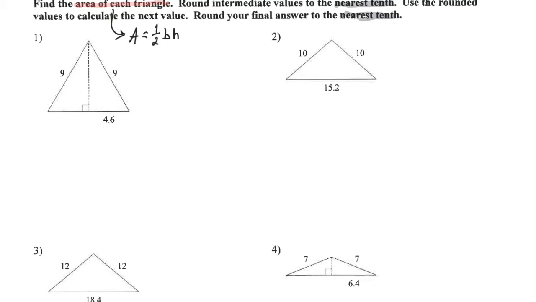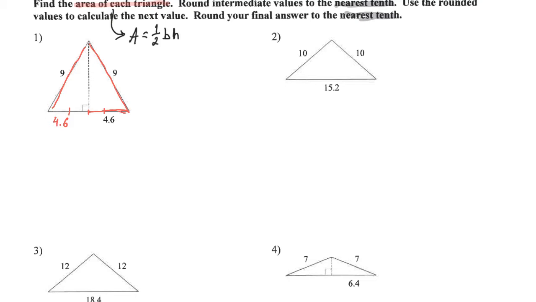Number one, first thing that I notice is that the 9 is the same on both sides. So this is an isosceles triangle, which means that these two parts are equal. So if this from here to there is 4.6, it's going to be 4.6 on the left side as well.